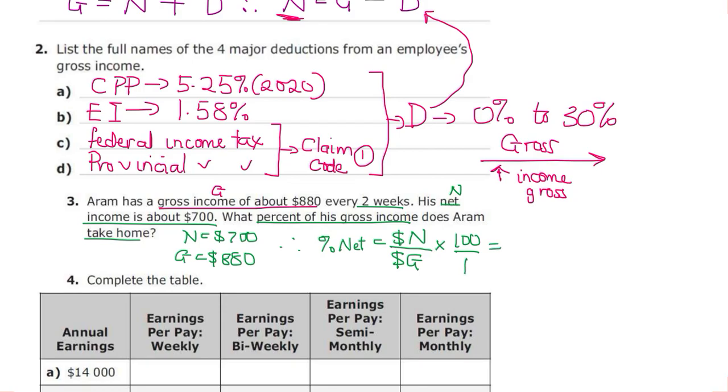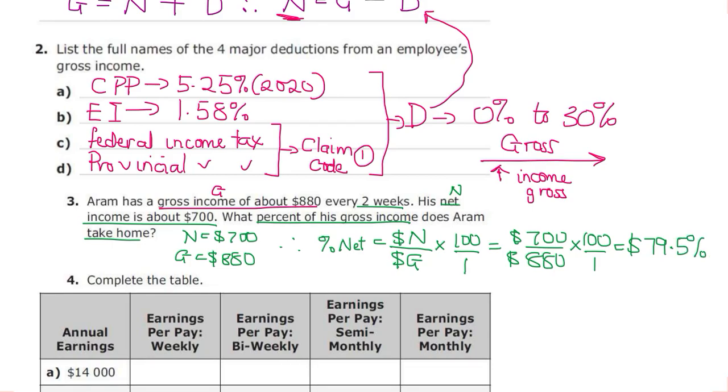Therefore, if you put down $700 divided by $880, multiply your answer by 100%, that is going to give you the percentage of your gross income that is the net income, which in this case is around 79.5%.